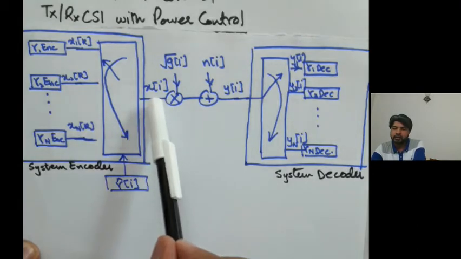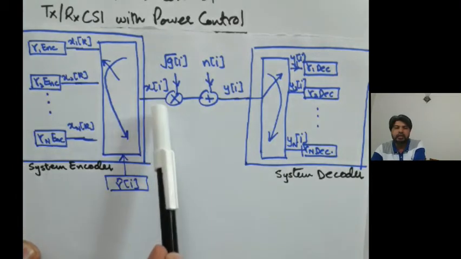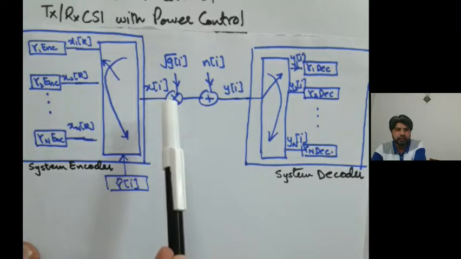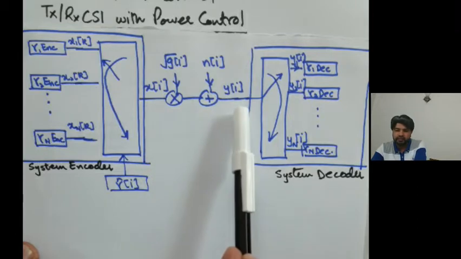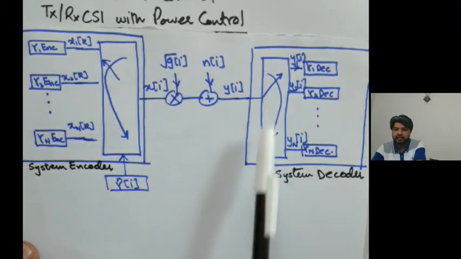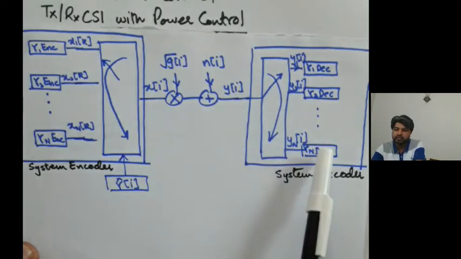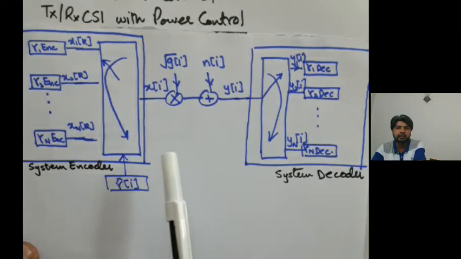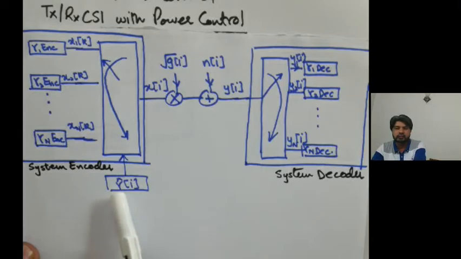So this X sub I would be a variable rate, variable power signal that would get transmitted into the channel root G sub I. White Gaussian noise would be added into the system, and then at the receiver end, there would be a demultiplexer that would connect the receive signal to the relevant decoder that is required to decode this information depending upon again what is the current estimate of the channel.